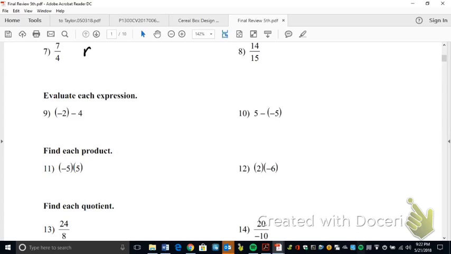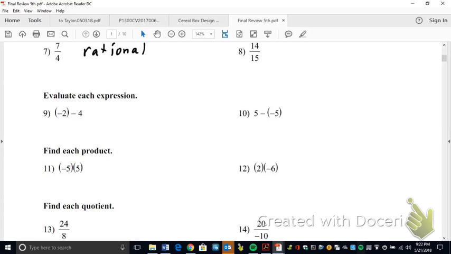On the next one, we have 7 over 4. Because this is expressed as a ratio of two integers, that always means it's going to be a rational number. It is not an integer, which is all whole numbers and their negatives.